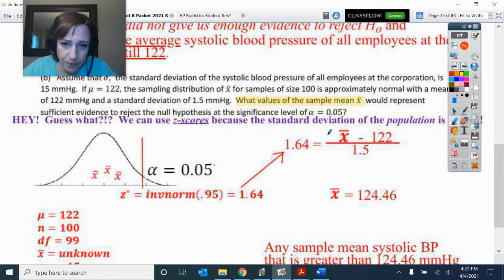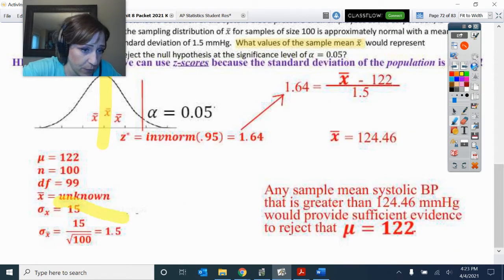So here we go. The question says, if the mean is 122, then for samples of size 100, so n is 100, we would know the sampling distribution. That sampling distribution will have a standard deviation of 1.5 because 15 divided by the square root of 100.